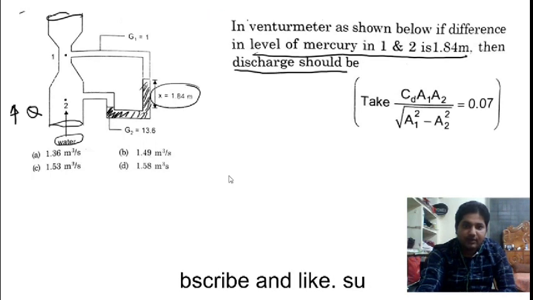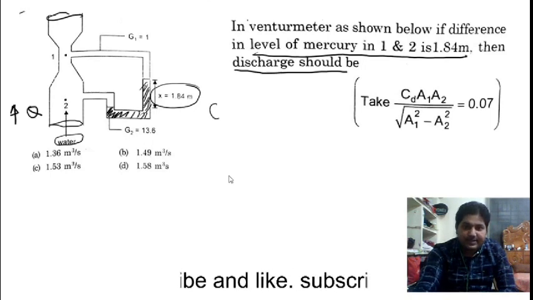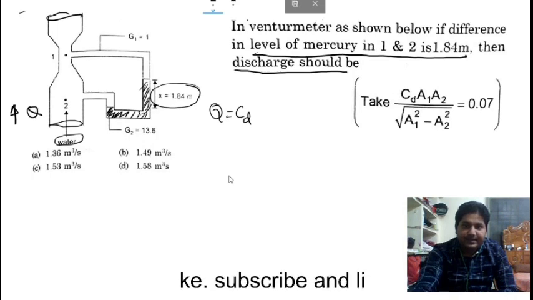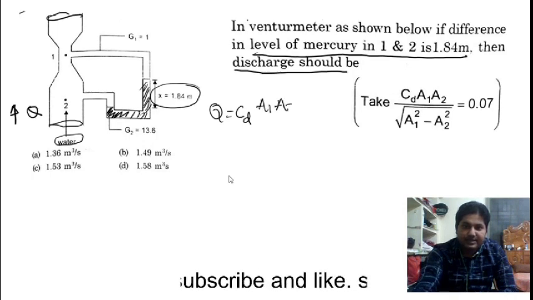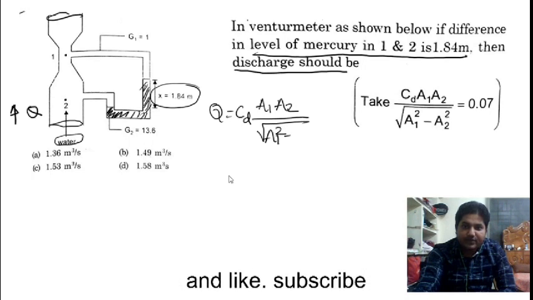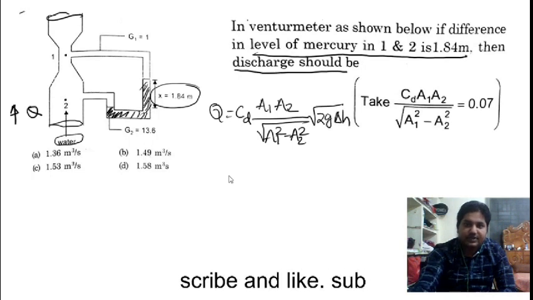How much is given? 1.84. We know the discharge formula will be equal to CD into A1 A2 divided by the root of (A1 square minus A2 square) into 2g delta H. What is delta H?